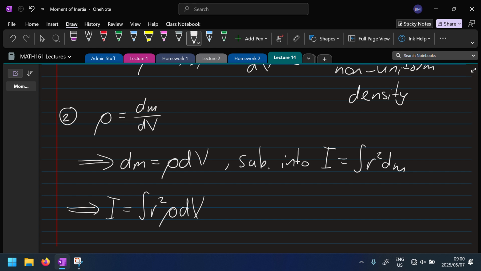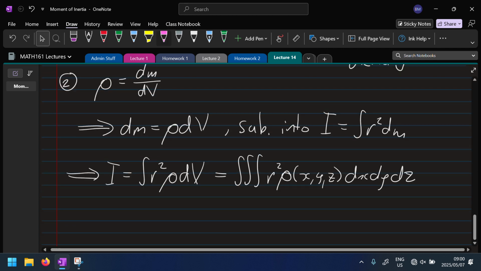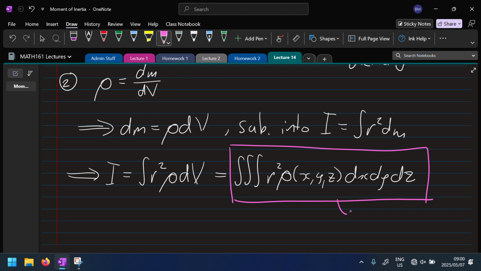Now the next bit you're only going to see next year when you do multiple integrals. What you would do is take this and write it as a triple integral r squared rho of x, y, z dx, dy, dz. So beginning of next year, when you look at multivariable calculus and multiple integrals, you're going to be doing that on the right side there. So I'll just put a little box here. This is for next year.